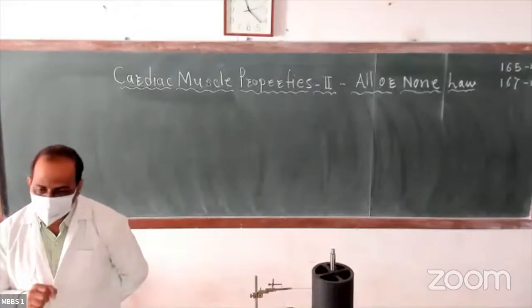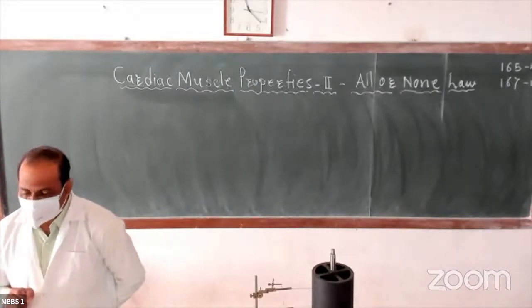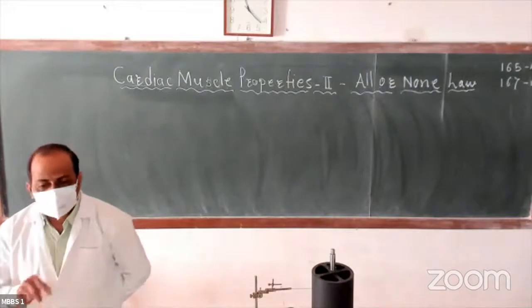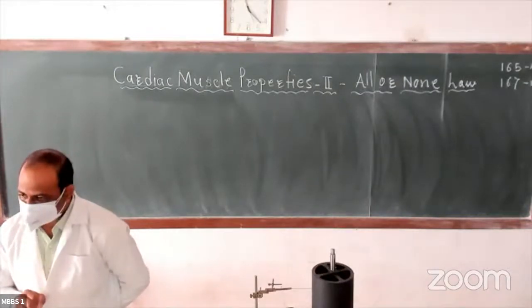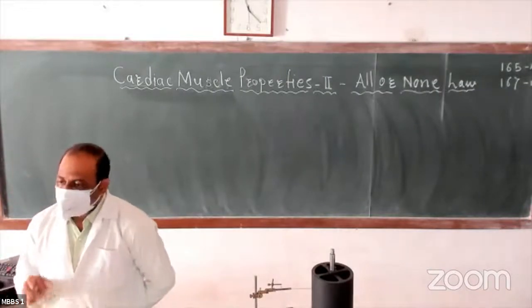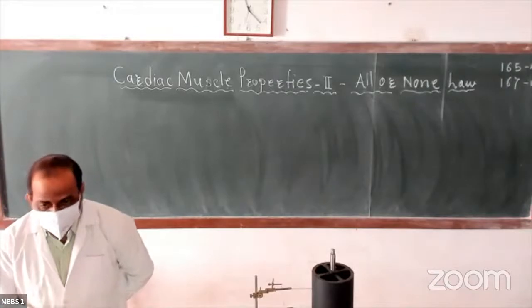A motor unit is a single motor neuron and the fibers it supplies, and together they are called a motor unit. In skeletal muscle, motor units vary depending upon the number of fibers.